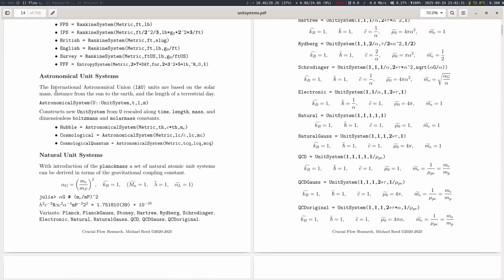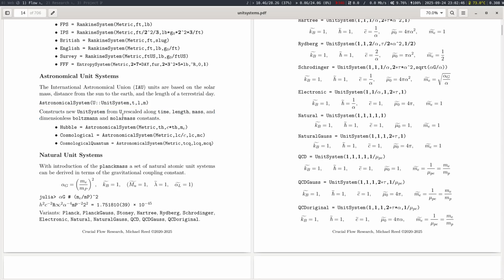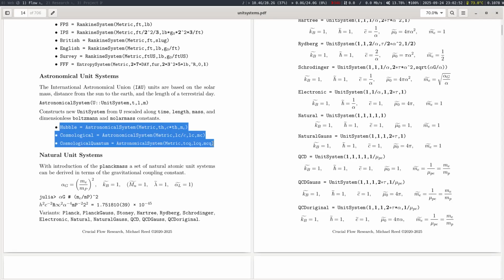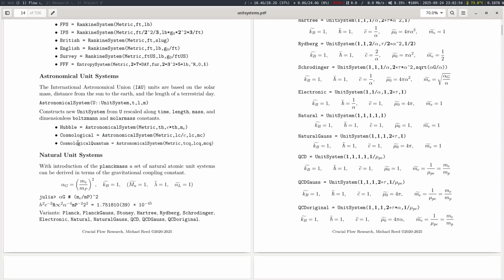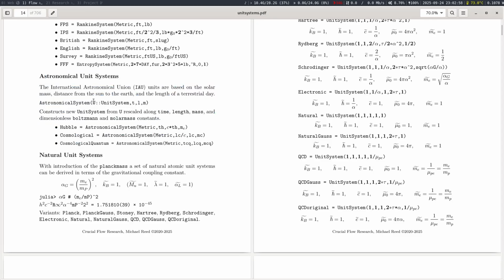So astronomical unit system. The International Astronomical Union units are based on the solar mass, distance from the sun to the Earth, and the length of the terrestrial day. So this constructs a new unit system from U rescaled along time, length, mass, and dimensionless Boltzmann and molar mass constants. So some more variations include the Hubble and the cosmological quantum. They use this constructor.